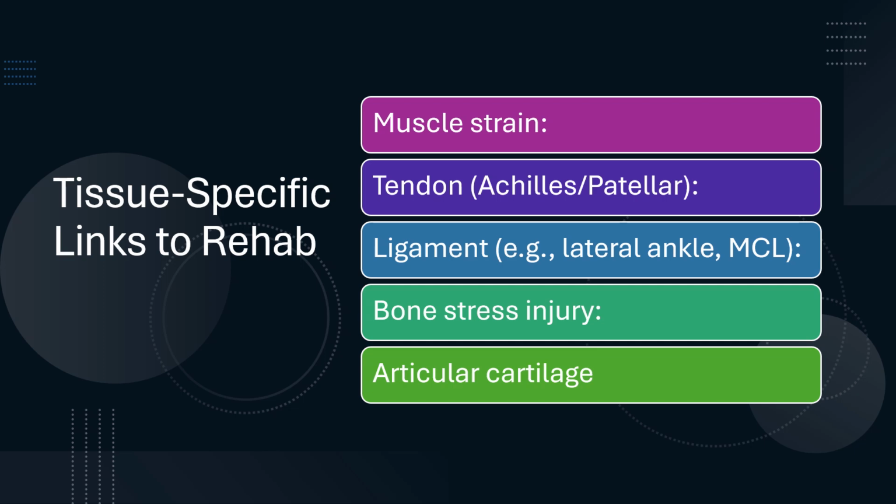Now, ligaments, for example the lateral ankle or the MCL in the knee. We like to restore proprioception and neuromuscular control early, and then we progress to deceleration and change of direction. We might use a brace, we might use tape with different players.